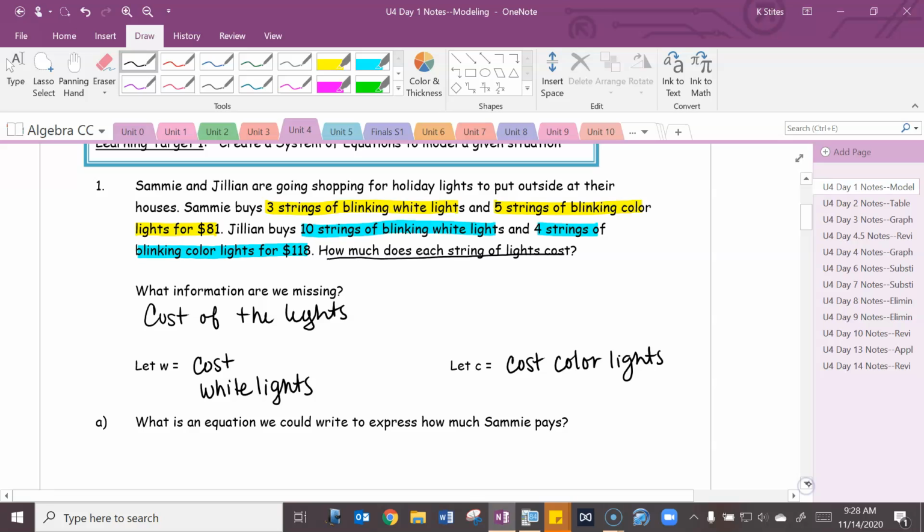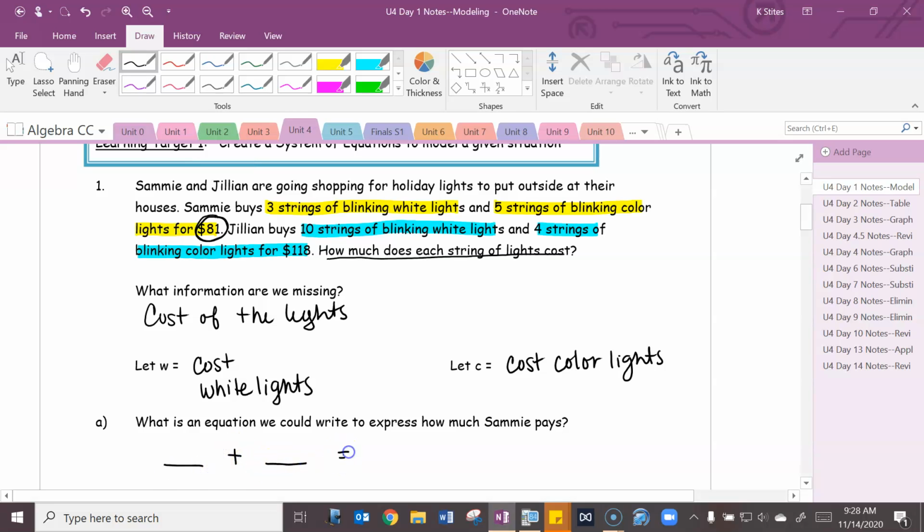Now, this next question asks, what is an equation we could write to express how much Sammy pays? So let's go see what Sammy bought. Sammy bought 3 strings of blinking white lights and 5 strings of blinking color lights for a total of $81. So she's getting 2 types of lights and together they're $81. That means we're going to have a plus in our equation.